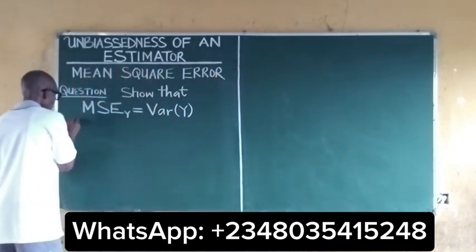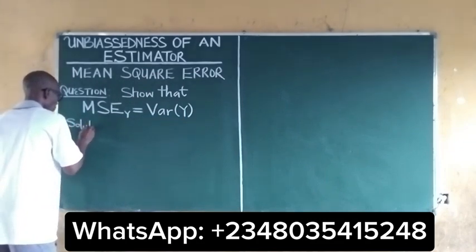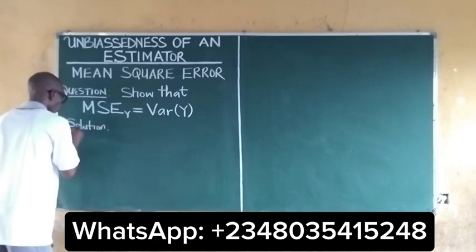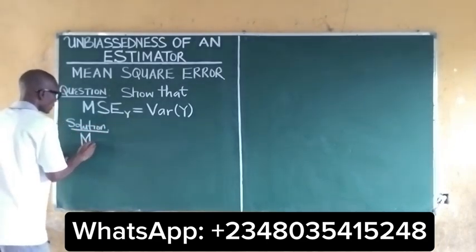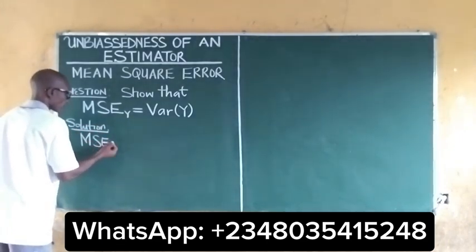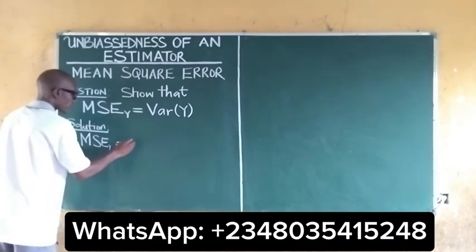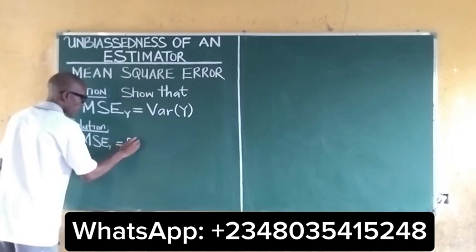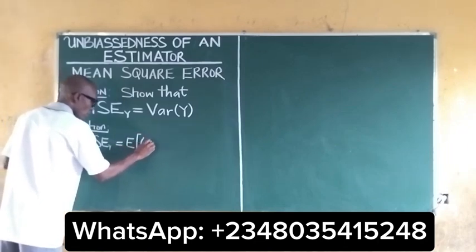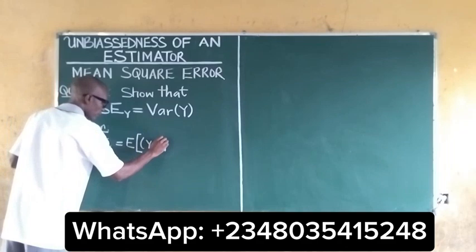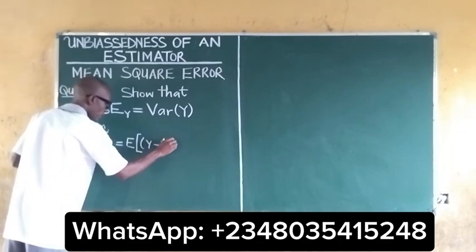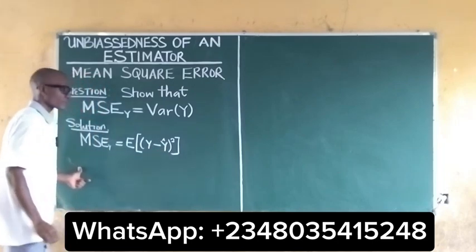Solution. We should note that the mean square error for y is also equal to the expected value of (y minus y estimate) all squared.